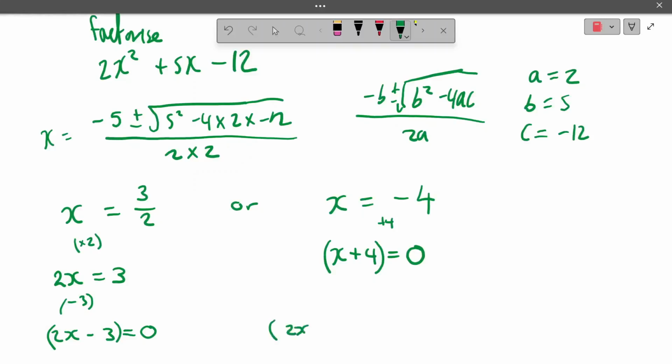So you have 2x minus 3, x plus 4. Cool. I'm going to do one more example of this, so make sure it goes in. But basically what we do is we use the quadratic formula, and you would get two values for x. We then rearrange to make x equals 0 for each of those, and that works out our factors.